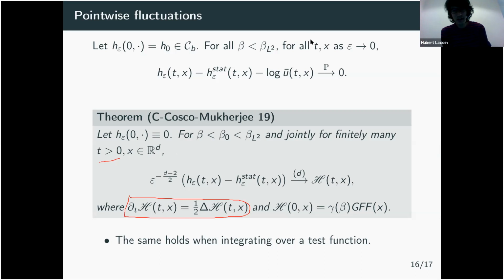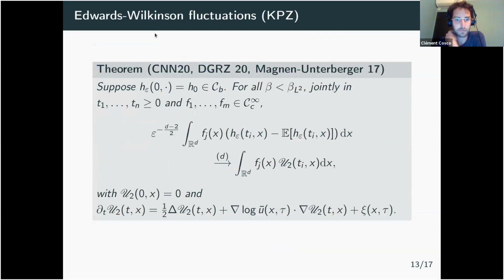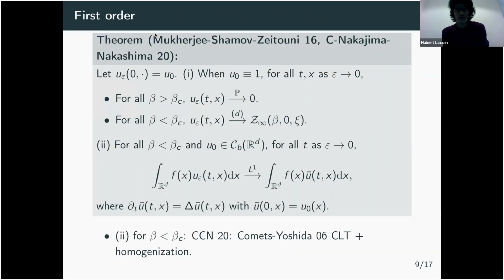You prove a law of large numbers below beta C. Yes. And above beta C, you prove that you converge to 0 pointwise. Can you also prove that you converge to 0 when you integrate? Yes, at least if you are strictly above beta C. I don't know exactly at beta C, with these subtleties. Okay.